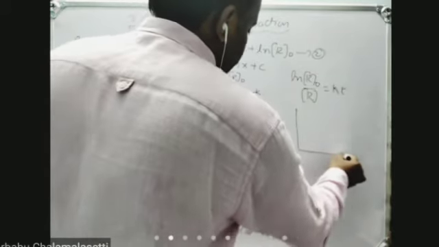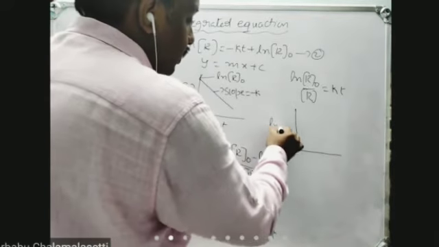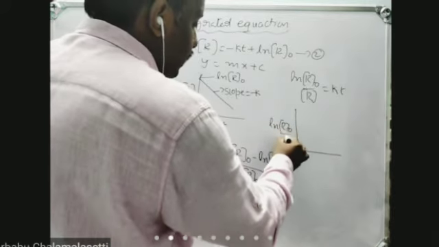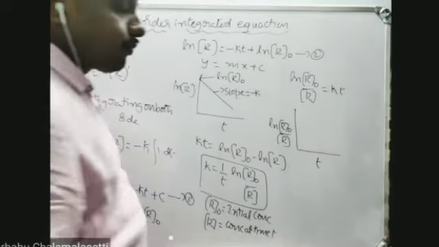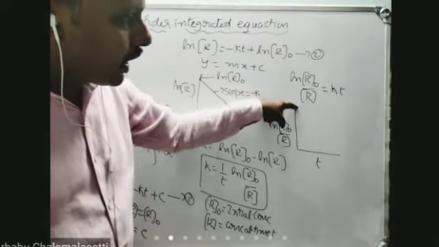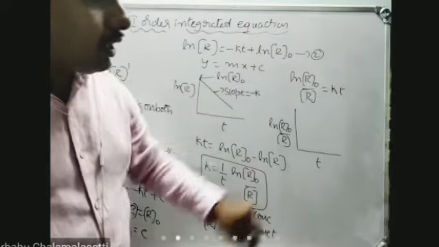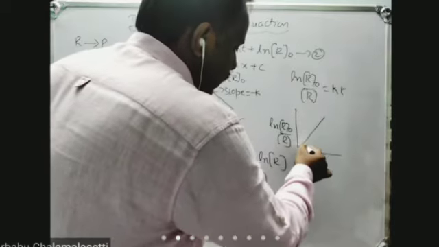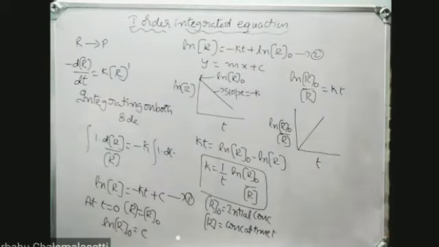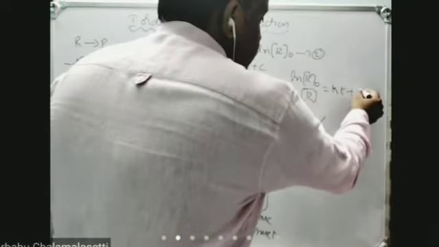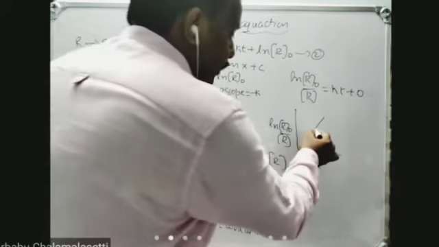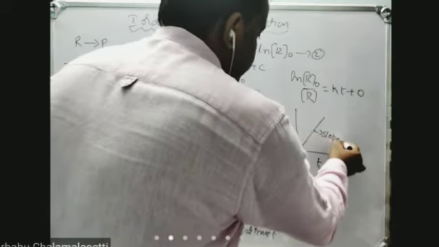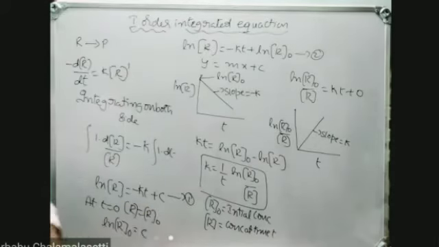So if a graph is drawn between ln R naught by R versus t, both are directly proportional. The graph is a straight line passing through the origin, because the y-intercept is 0, and the slope of this line is equal to k.